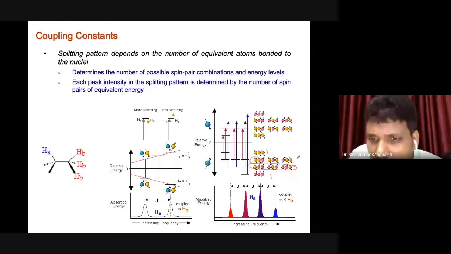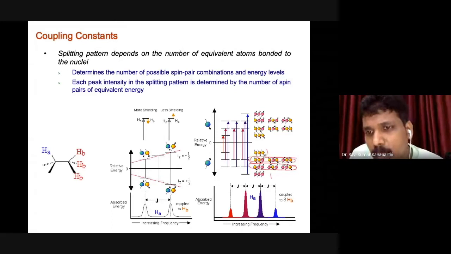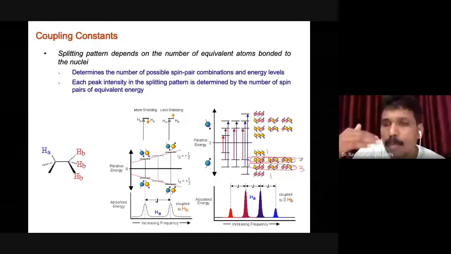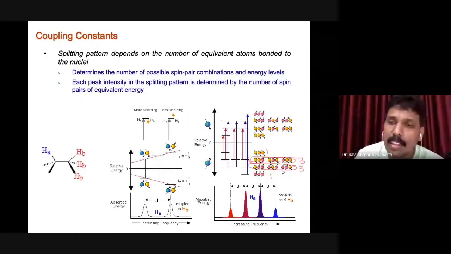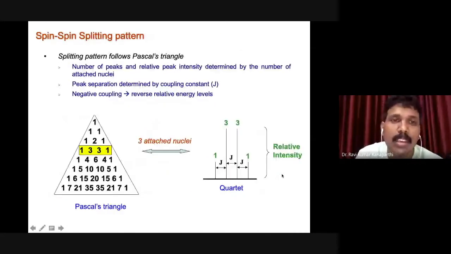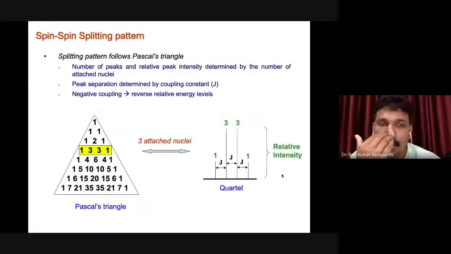So you can see 1:3:3:1. There are three possible degenerate states which are identical in energy. So the intensity ratios actually come from there. The expected peak intensity ratios follow the Pascal triangle.